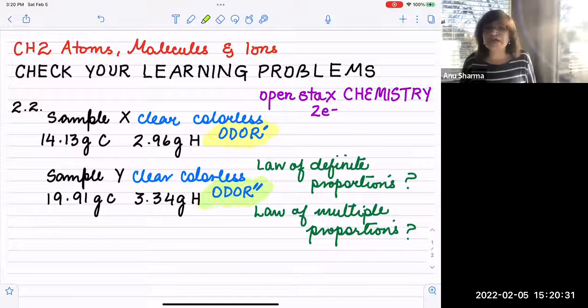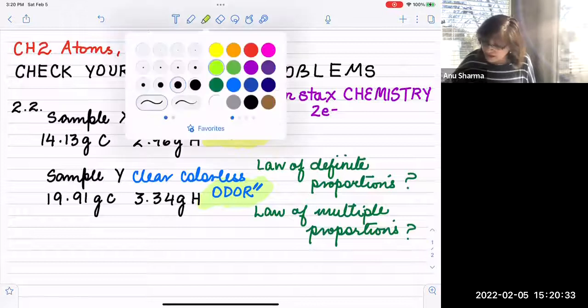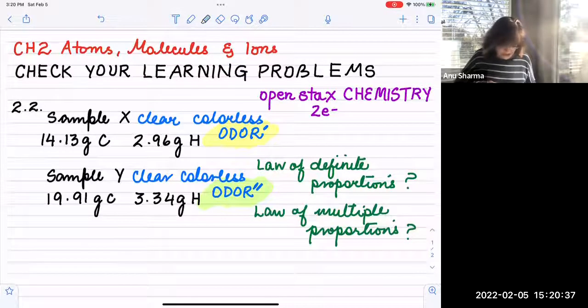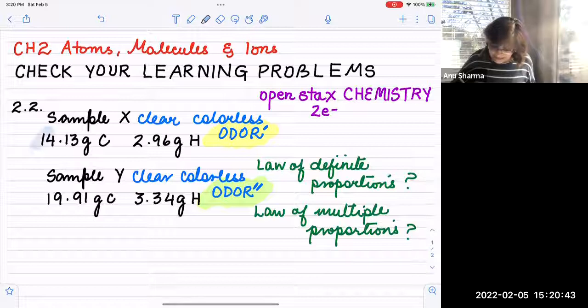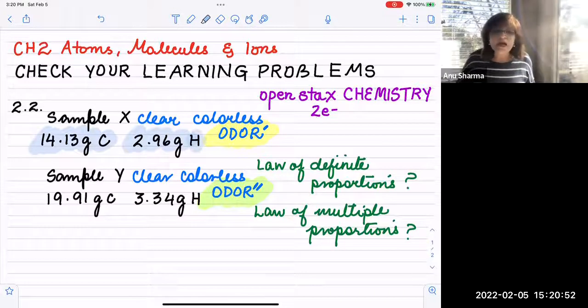So the question is asking about the data. For sample X, you are given 14.13 grams of carbon and 2.96 grams of hydrogen. And in sample Y, 19.91 grams of carbon and 3.34 grams of hydrogen.